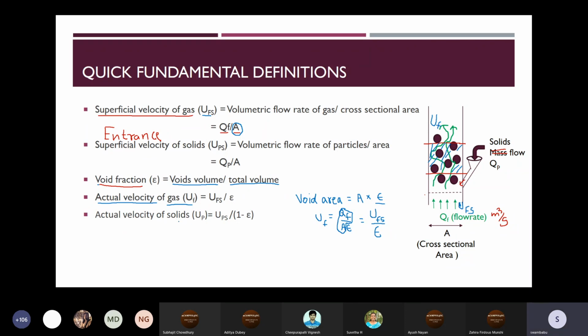Similarly, for the actual velocity of the particles, let's see, probably you know it, but let me explain. The void fraction is void volume by total volume, and total volume is nothing but void volume plus solid volume.